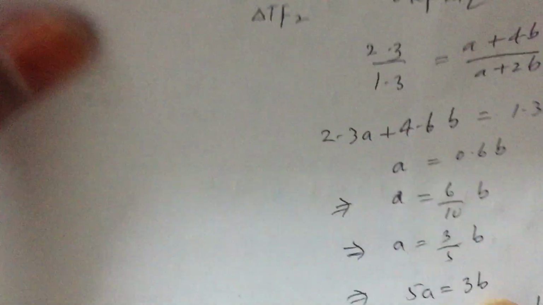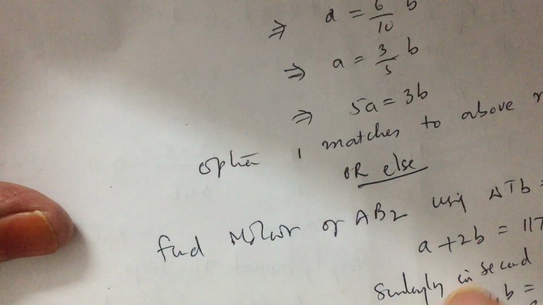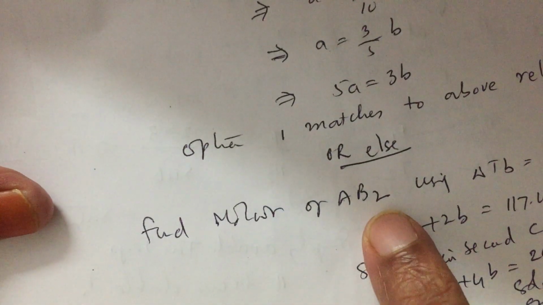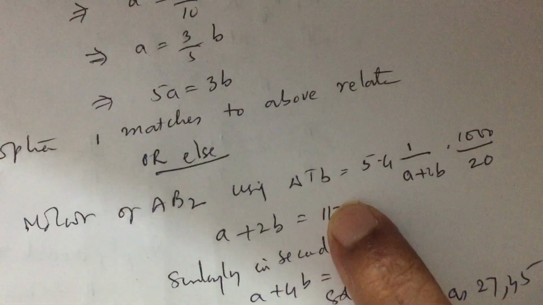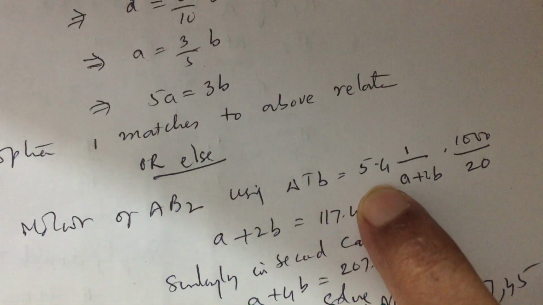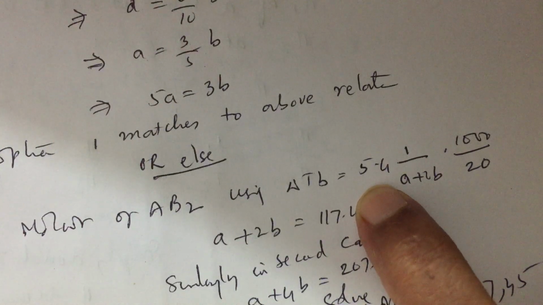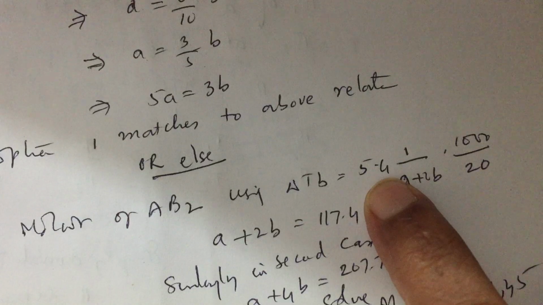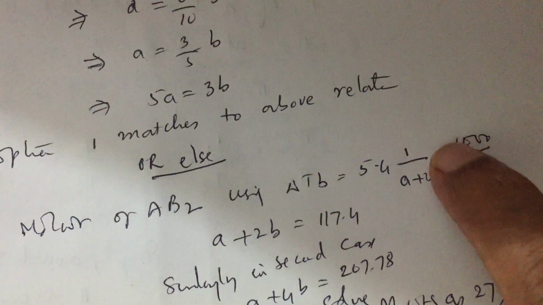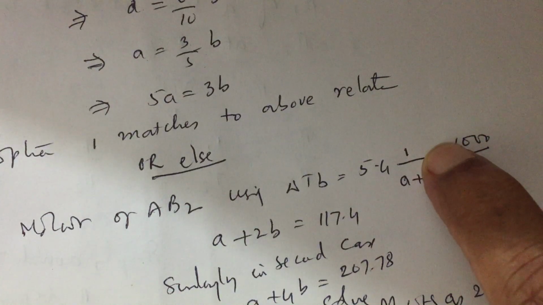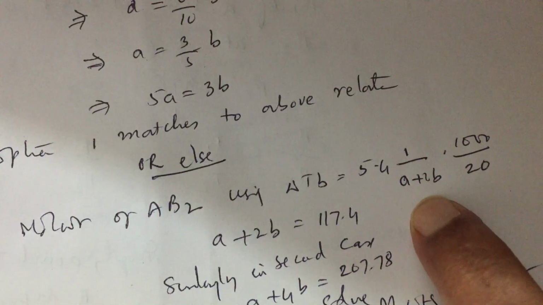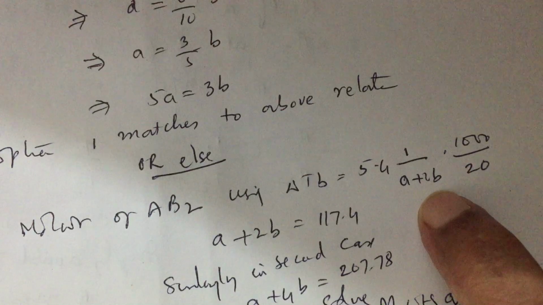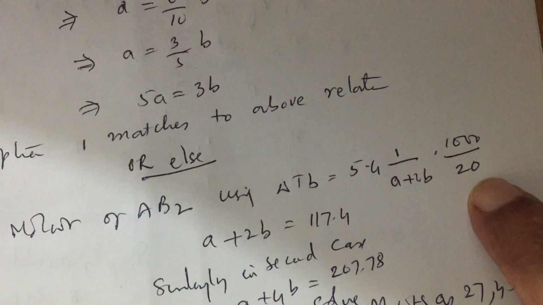That is one way. The other way to solve the same problem is to find the molecular weight of AB2 and AB4 using the relation delta Tf is equal to i into Kf into molality. i is 1 for any non-electrolyte, so you need not worry. Kf is given as 5.4, and molality is the weight of solute, 1 gram, divided by the molecular weight of AB2, A plus 2B, into 1000 by 20.